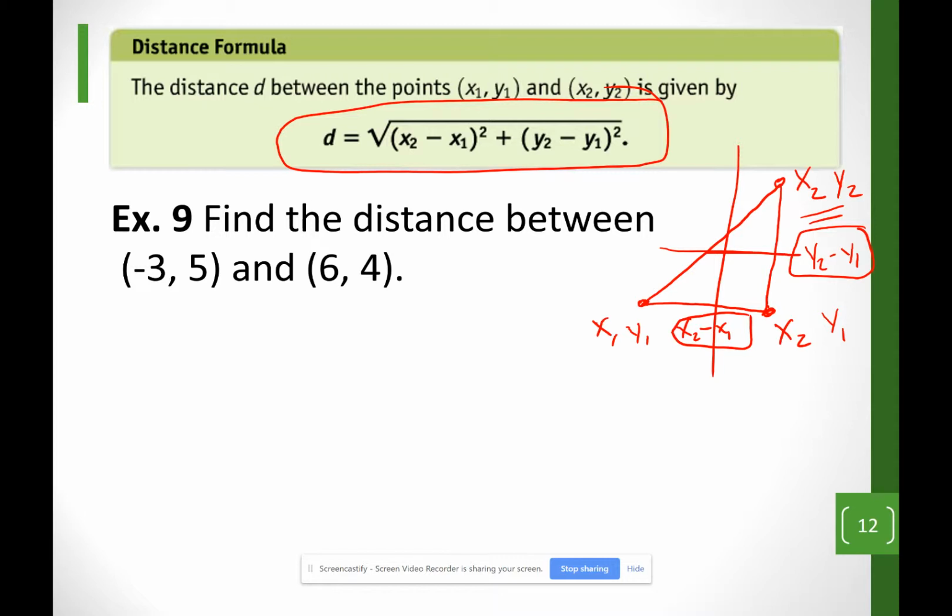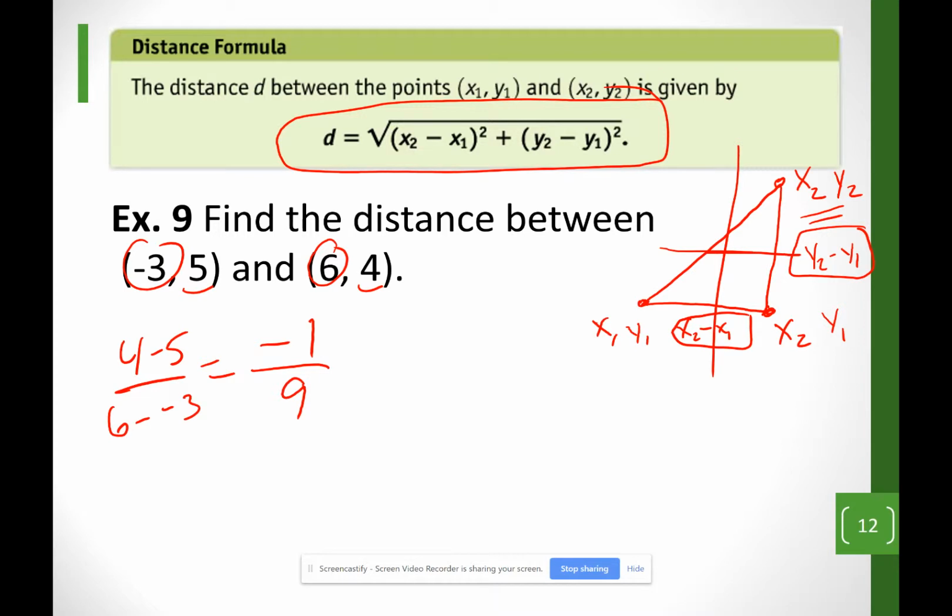So let me subtract the y's. 4 minus 5. Let me worry about that one first. 4 minus 5 gives me a -1. Let me subtract the x's. 6 minus a -3 gives me 9.